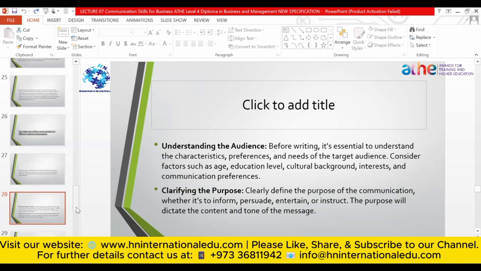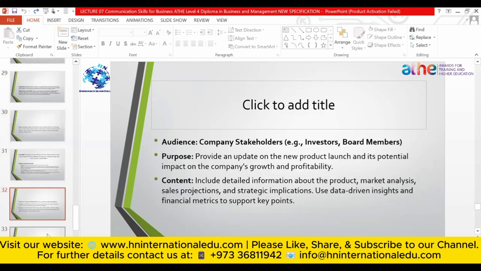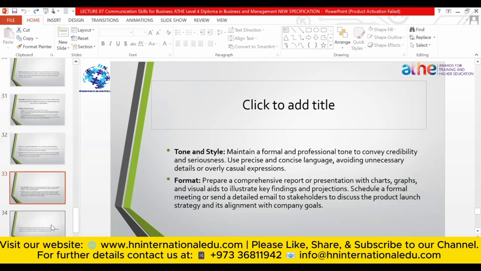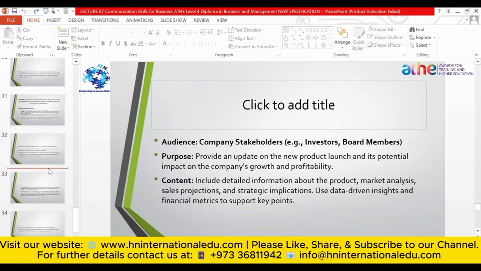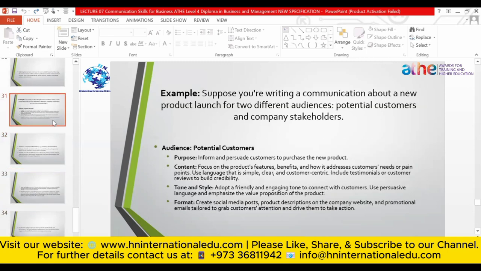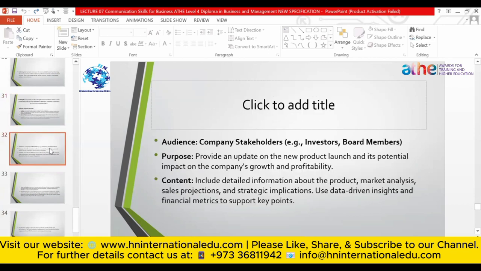And ma'am, the last part, I didn't understand the example. You gave two examples, potential customers and stakeholders. I understood the potential customers, but I didn't understand the stakeholders. When you launch any product, they just want to see the company's growth and profitability, right?